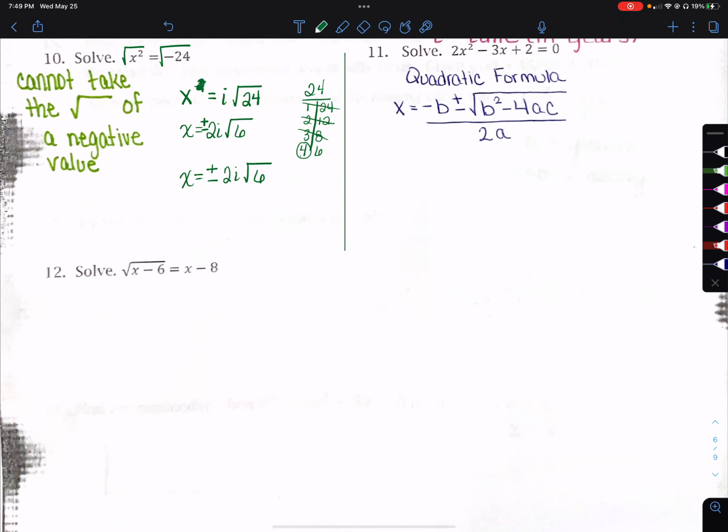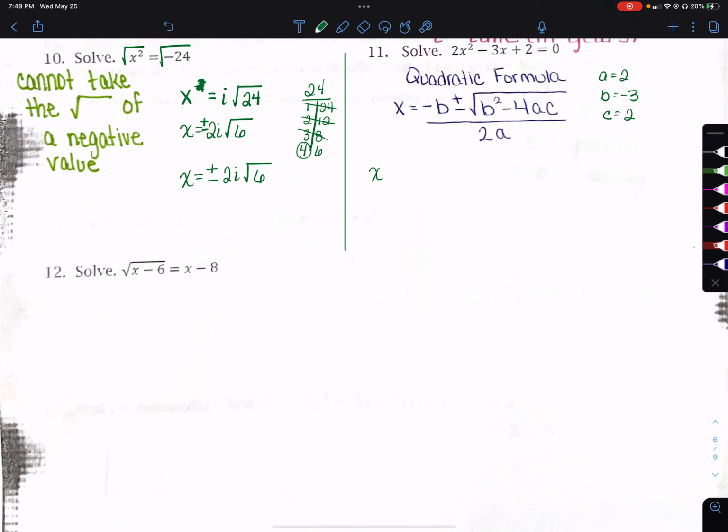All right, so on this next one for number 11, since it's not factorable using the x to negative 3 and 2, we're going to go ahead and use the quadratic formula. So our a value on this one is 2, our b value is negative 3, and our c value is 2.